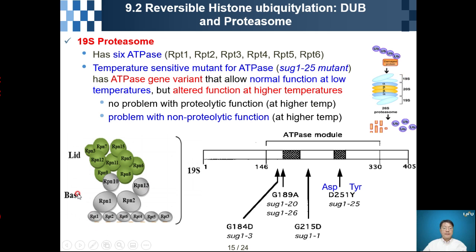Especially in the base part, there are 6 ATPases, composed of RPT1, RPT2, RPT3, RPT4, RPT5 and RPT6. These proteins can use ATP as an energy source.